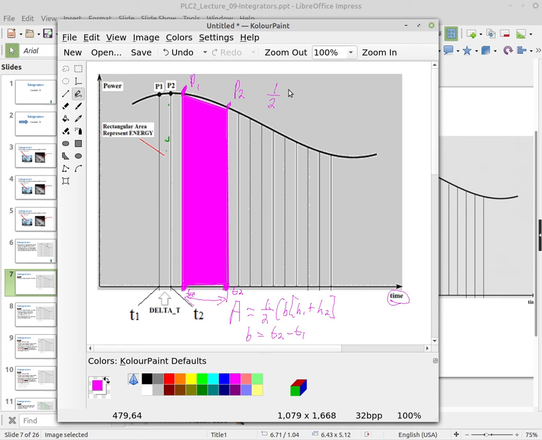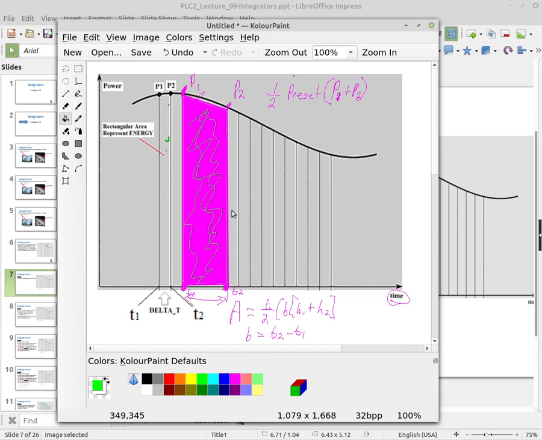We could use a timer for that, so it would be the preset of our timer if we were using a timer inside of our ladder logic. So it'd be 1/2 times the preset times the first power plus the second power. That would give us how much energy was being used within this one trapezoid.